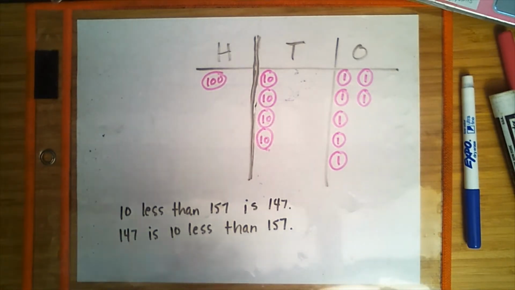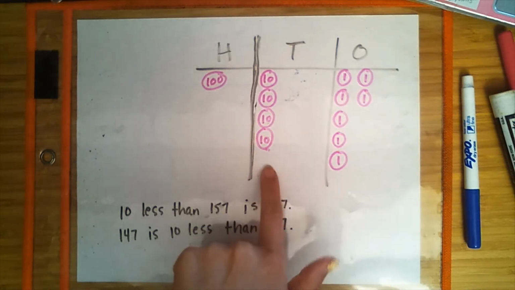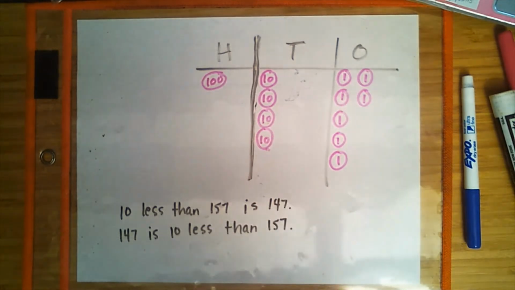What did we do to change 157? We took 10 from the tens place, or we took 1 ten from the 5 tens.